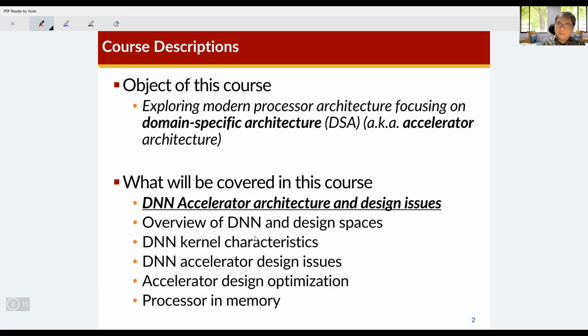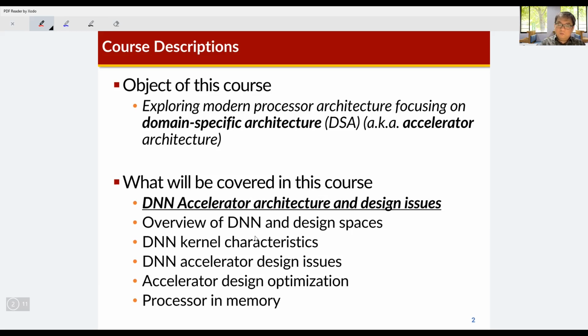Some other applications are graphics or AR, augmented reality or virtual reality. So this type of processor is called an accelerator or domain-specific architecture processor, like a DSA.